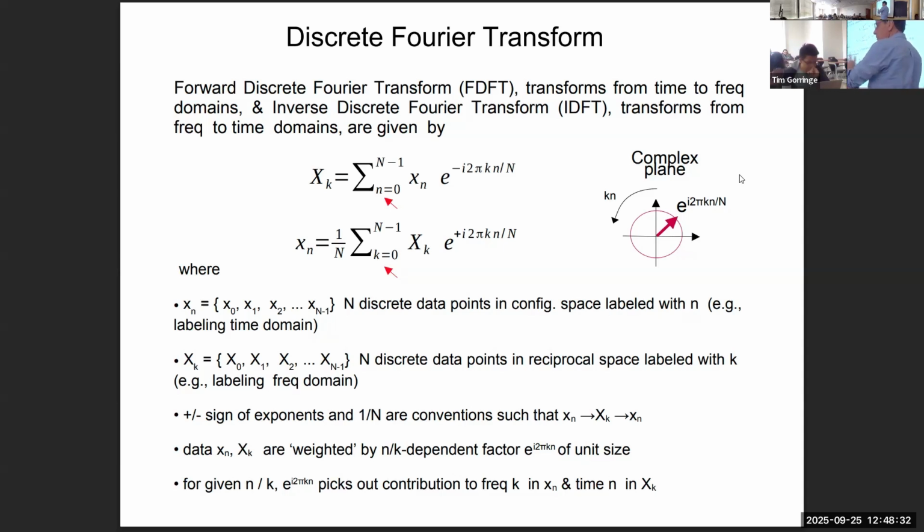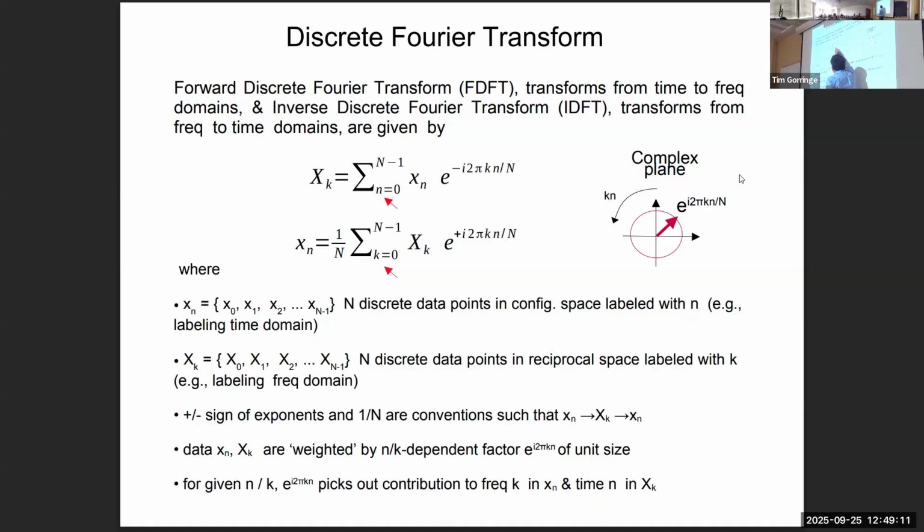So that's how you compute the Fourier transform, say the frequency domain data from the time domain data, by this weighting of the time domain data and summing over the time domain data. And similarly, almost identically for the frequency domain data. If you want to calculate the time domain data, you weight the frequency domain data by this complex exponential and you sum over all the elements of the frequency domain. So that's how you accomplish the transforms.